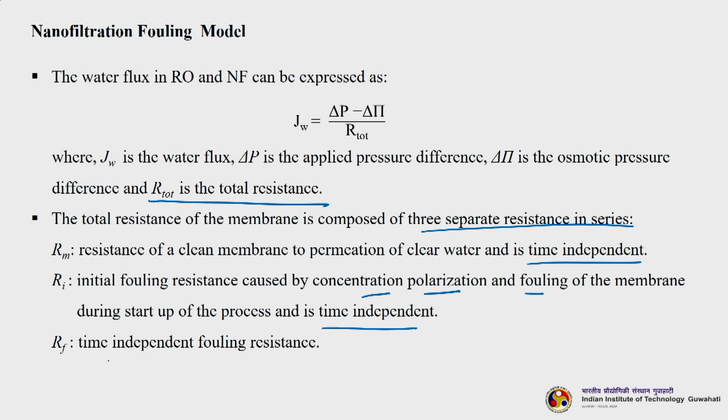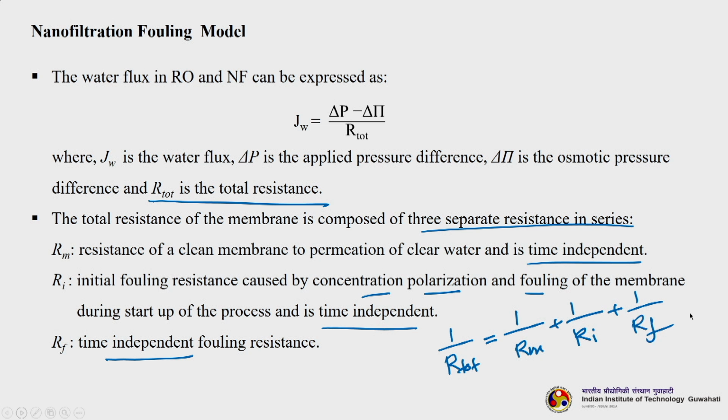Rf is time dependent fouling resistance. So, you can write R total in series as Rm plus 1 over Ri plus 1 over Rf. This is how you write the resistances.